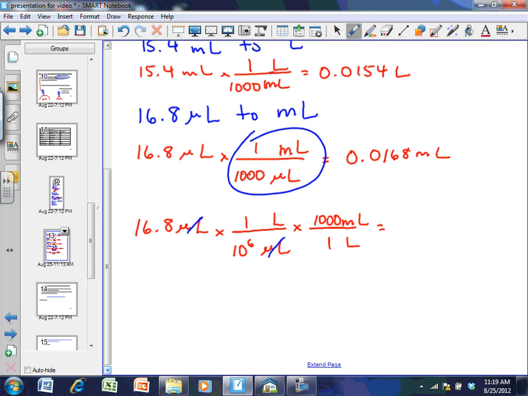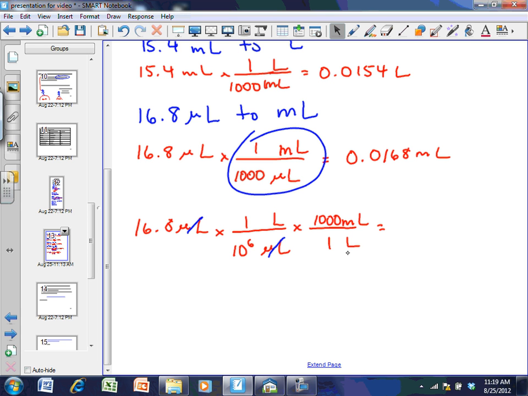So what do I hit on my calculator to do this? I hit 16.8 times 1, divided by 10 to the 6th, times 1,000, divided by 1. That's what I'm typing in.